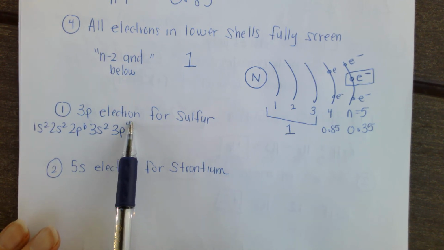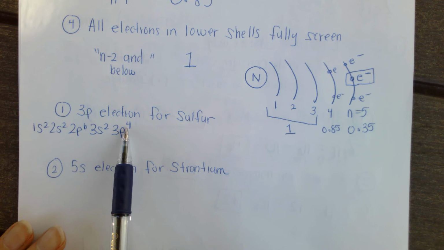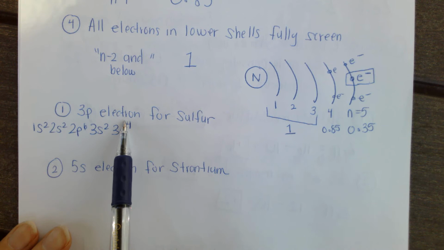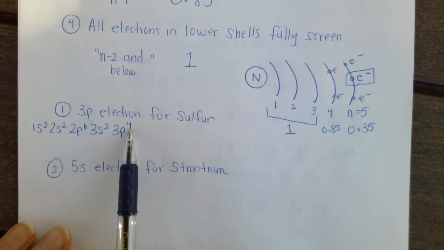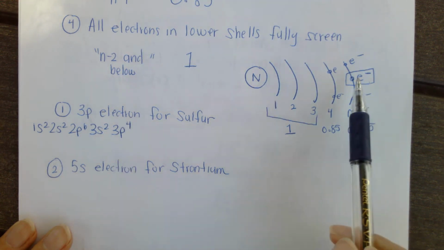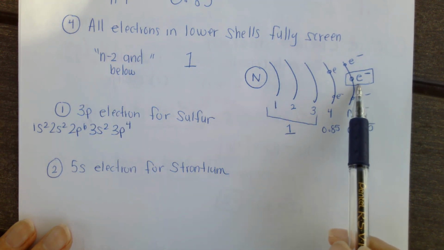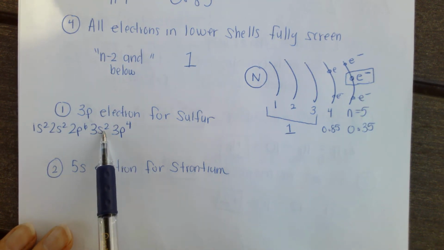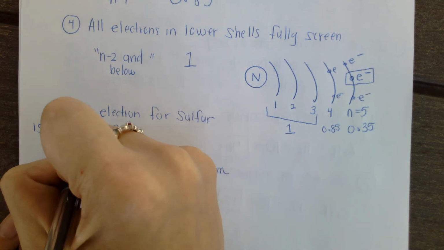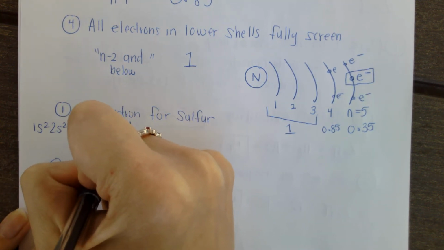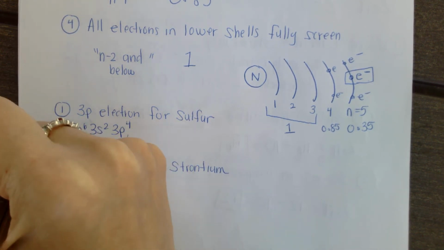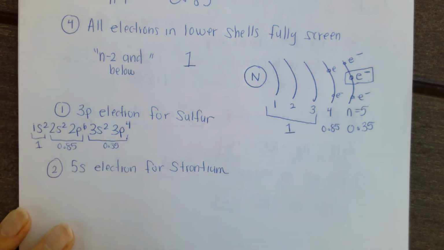If our electron in consideration is one of these, that means 3 other electrons are in the p shell that can screen. We don't want to have a value of 4 here because an electron can't screen itself. So one of those 4 electrons is our electron of reference. The other 3 p electrons and then the 2s all in the same shell are going to be able to screen. Here we're going to get our 0.35 screening, here we're going to get the 0.85 screening, and here we're going to get the full 1 screening.